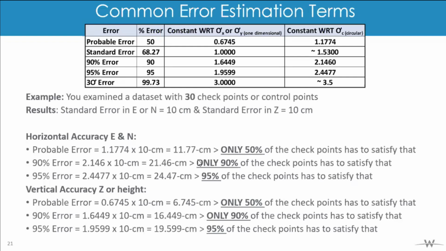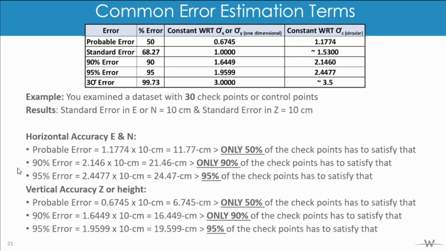So if I take a data set and I test the accuracy and I get a standard error of 10 centimeters in the easting and northing horizontal, and also 10 centimeters in the vertical, for example. If I represent in the table above some of the values, if I represent accuracy as the most probable error, it will be 11.77.